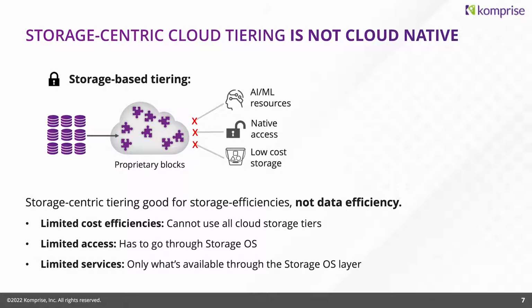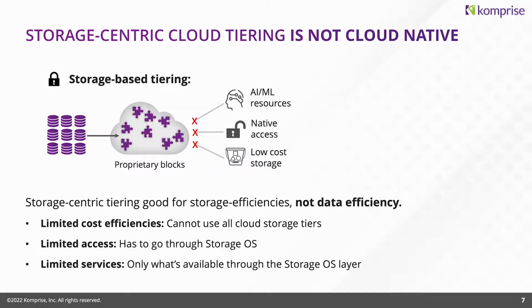The third thing is that, remember, one of the reasons you're going to the cloud is not just so that you can be more agile and not build more data centers. It's also so that you can leverage the compute power of the cloud. So using your data in the cloud is extremely important. And storage tiering is really just an efficiency technique inside the storage.